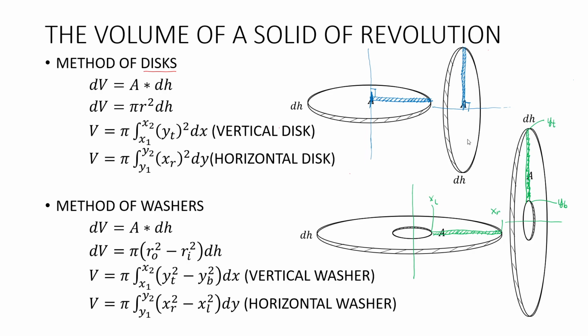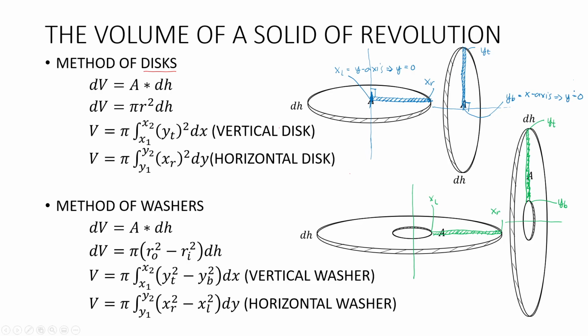So again, if you define the horizontal strip of the disk, this one is x right. X left is automatically the y-axis, which is x equals 0. Then this one is y top, and y bottom is the x-axis, which is y equals 0.